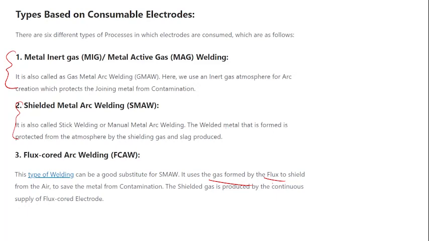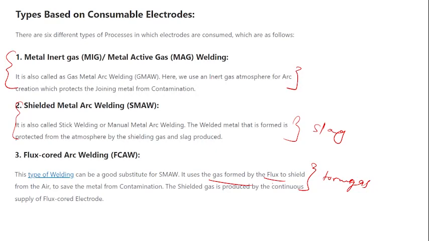In the previous one, we are making slag to protect our weld pool from the atmosphere. In this, your flux will generate or form gases, so you don't need to provide any other protection.